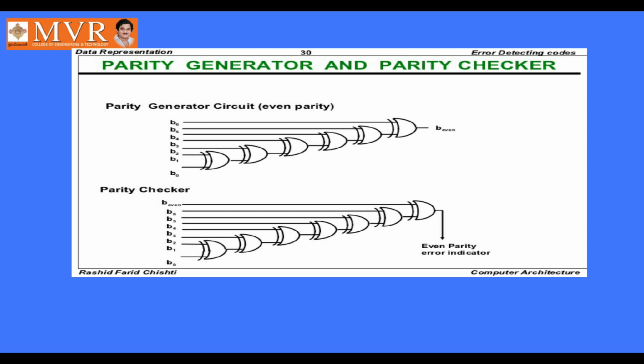That is one of the disadvantages of the parity bit. The second disadvantage is that the parity bit method is useful only for a change of 1 bit in the original input. For example, see 100 is my input value, and I am following the even parity method.